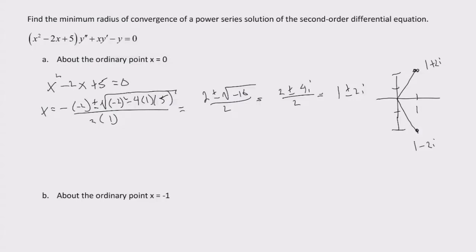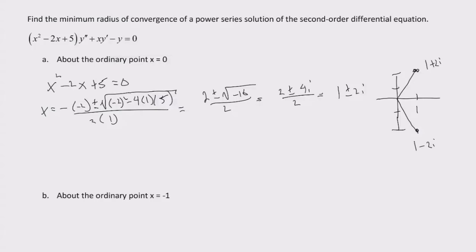Okay, and so because x is 0 for this ordinary point that we're trying to find a radius of convergence around, then we know there's got to be 2 solutions centered around x equals 0. So that means we're looking at the distance from the origin to those points. So the distance just means find the magnitude of those individual vectors.